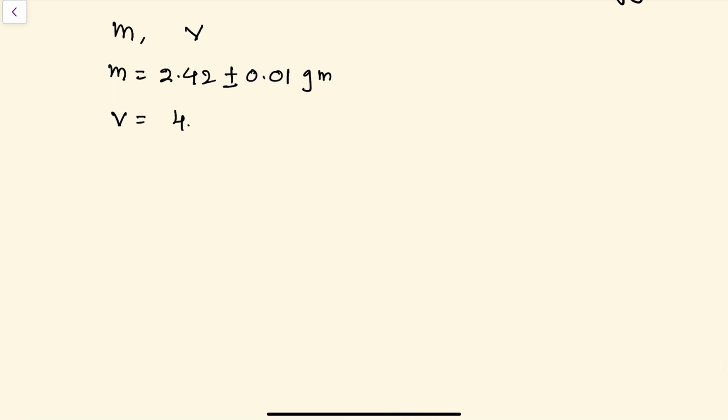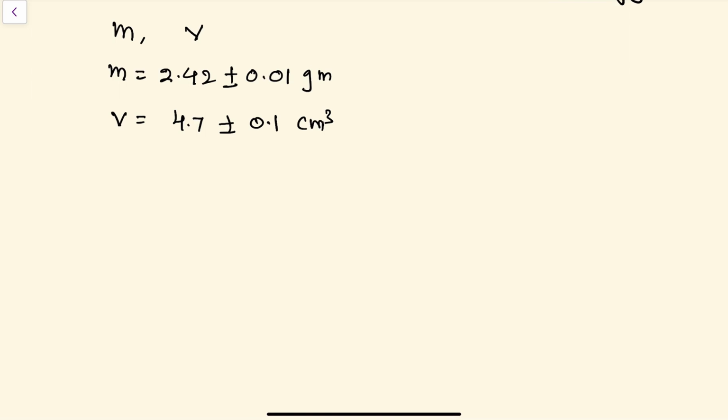Mass is equal to 2.42 grams plus or minus 0.01 gram. Volume is equal to 4.7 centimeter cube plus or minus 0.1 centimeter cube. What is the maximum error in the density?